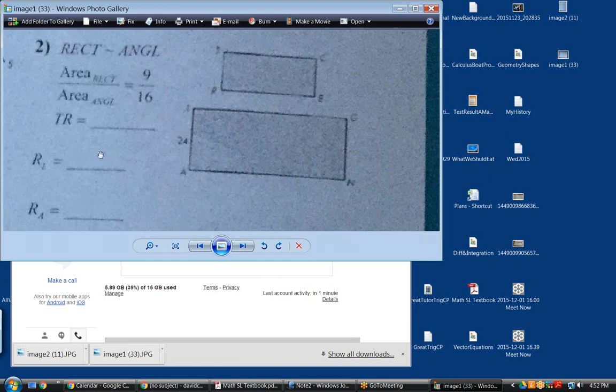What's my linear ratio? Is that just the same ratio squared? Square root of. Notice they didn't start off by giving me the linear ratio. They gave me the area ratio. So if I want the linear ratio, I've got to take the square root of this. And the square root of that is 3 to 4. Okay?